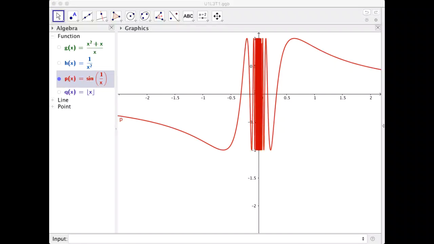So this insane little graph of sine of 1 over x is what we call an oscillating discontinuity, because oscillating means going up and down, right? So we're approaching a discontinuity not by going off to an asymptote, not even just by removing a point, but by oscillating towards an error, for lack of a better way of putting it.